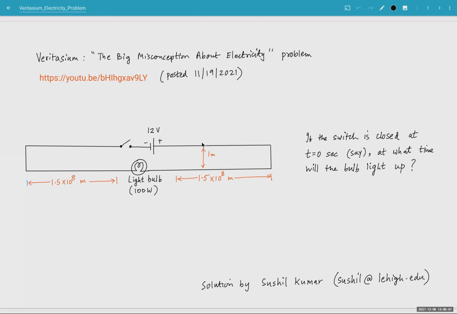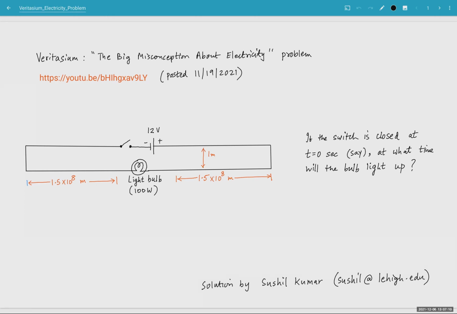So a round trip would potentially take 1 second for light to travel. And a light bulb is connected on the opposite side of this, and the distance between these conductors is 1 meter. So the question was posed: in how much time would this light bulb light up?